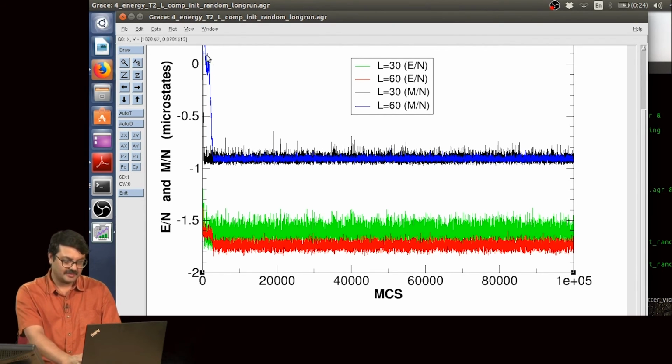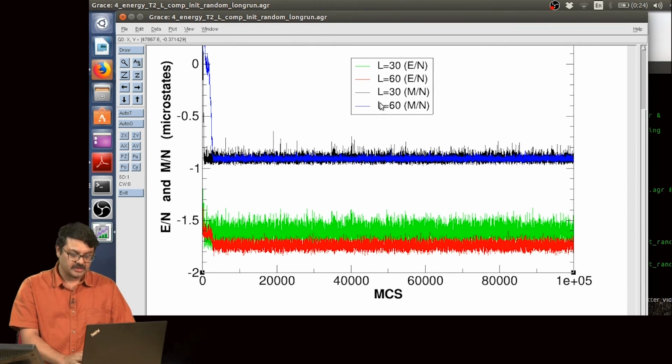You have started from an initial random configuration, and it takes some time for the system to reach equilibrium, and you see that the magnetization is exactly on top of each other.